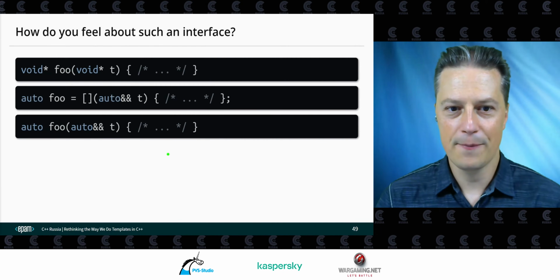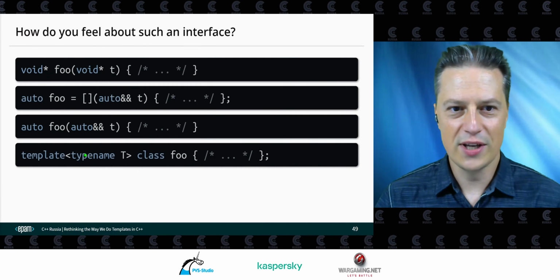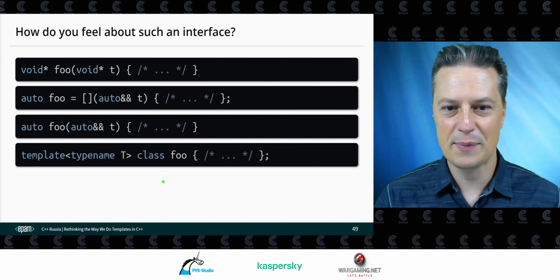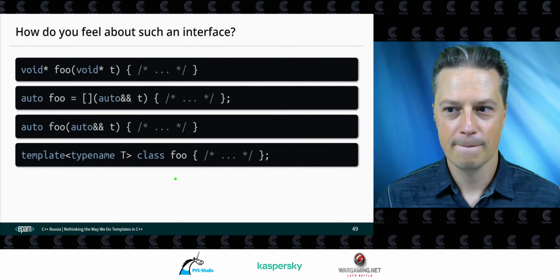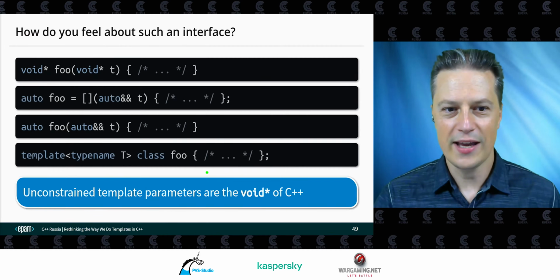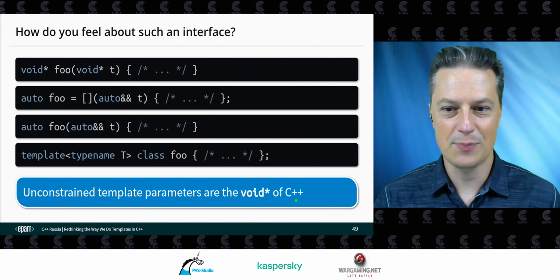And the same about this type or class template. In all of these cases, I wouldn't say we are much better than just void star in C. And this is something we are always saying, that C++ is better, right? We have strong types. I claim that unconstrained template parameters are the void star of C++.